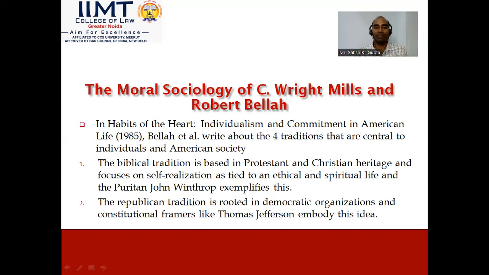The biblical tradition is based in Protestant and Christian heritage and focuses on self-realization as tied to an ethical and spiritual life, and the Puritan John Winthrop exemplified this. The Republican tradition is rooted in democratic organizations and a constitutional framework, and Thomas Jefferson embodied this idea.